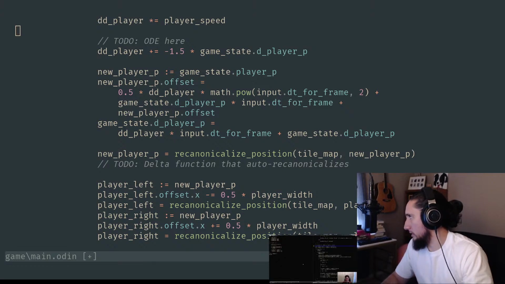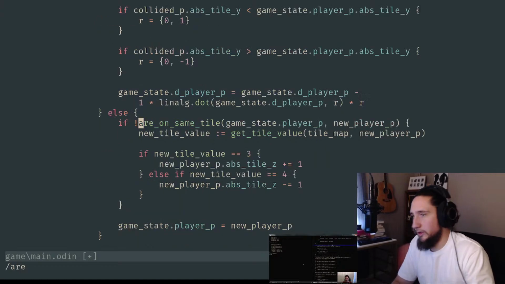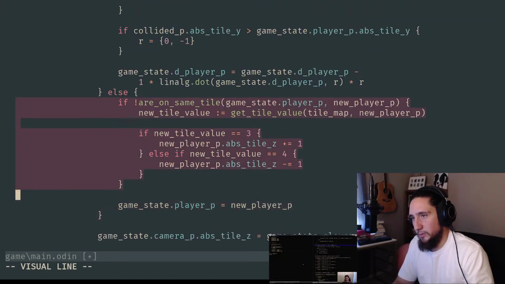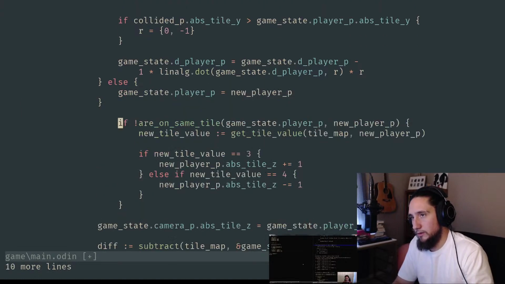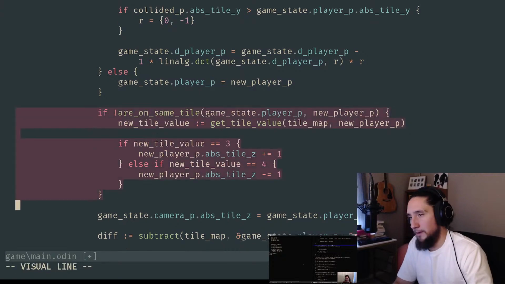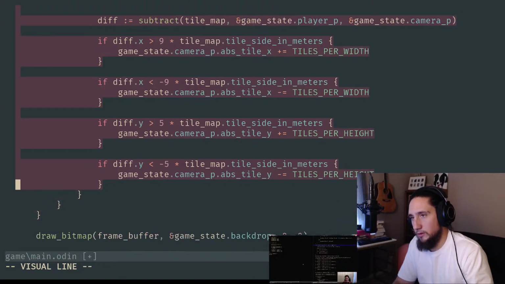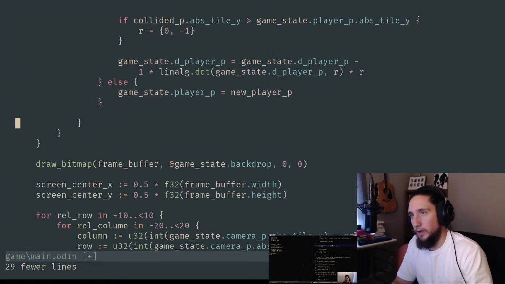So then he moves that code out, starting with that R on same tile check. And this is just going to be pulled out of there and moved here. And then we bring all of this out of that whole loop.